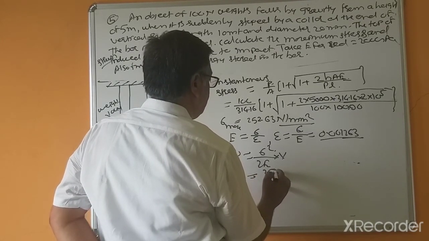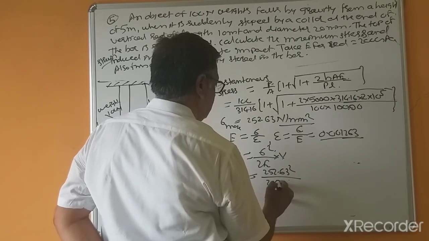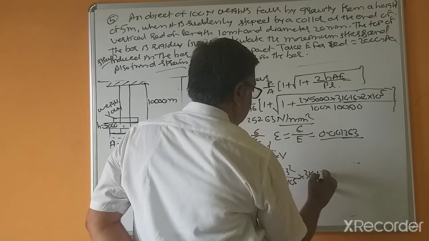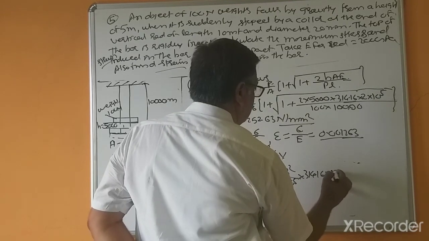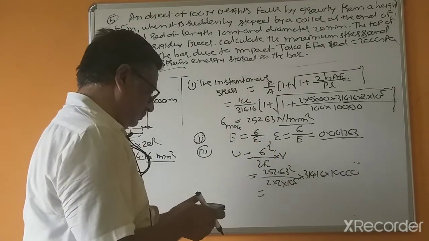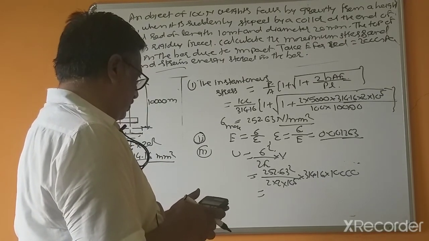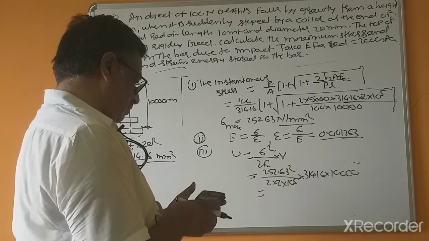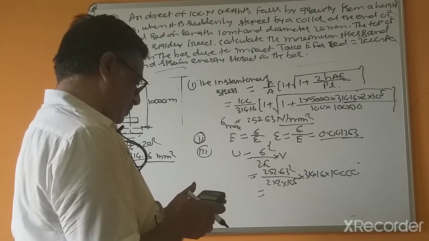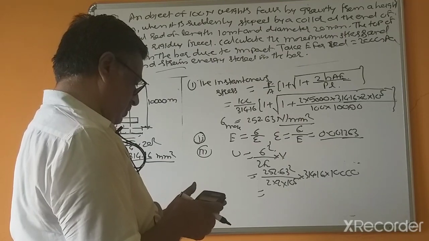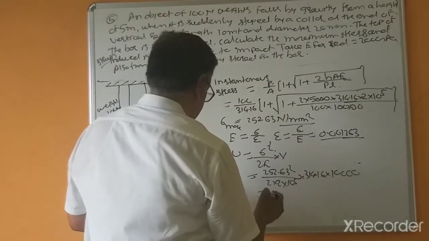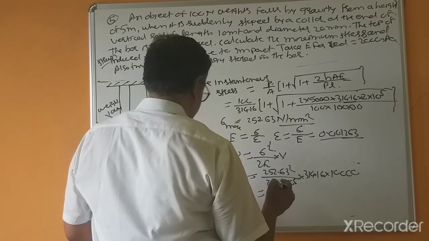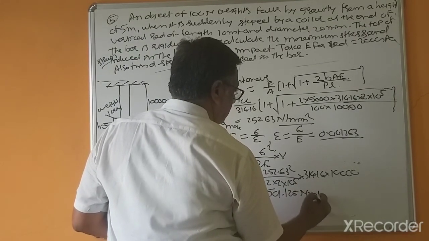This is 252.63 squared, area 314.16, length equal to 10,000, divided by 2. This is equal to 501.125 newton meter.